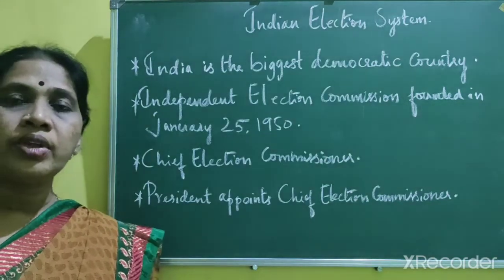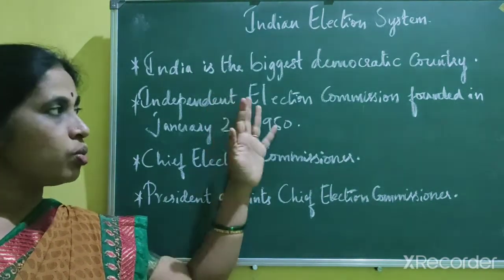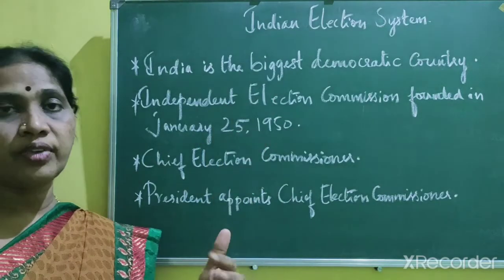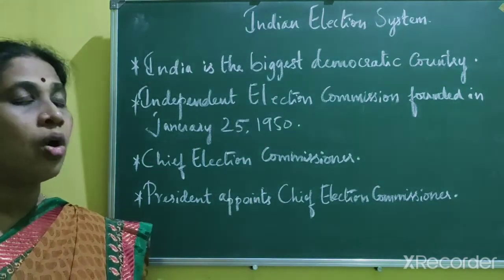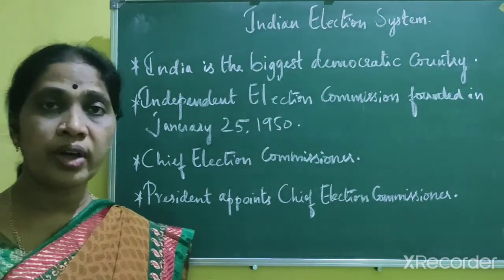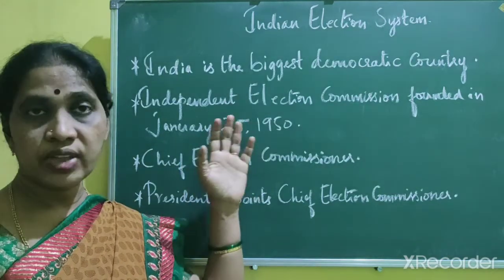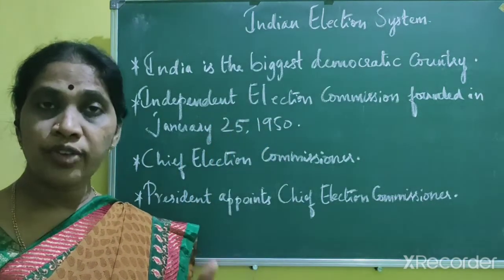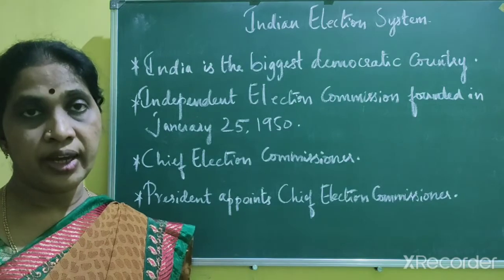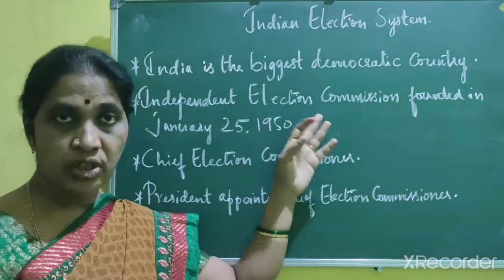Now, this Election Commission does not have employees to work for them. All the government officials, the officers who work in government offices, have to conduct the election, and you know that every 5 years the general elections are held.